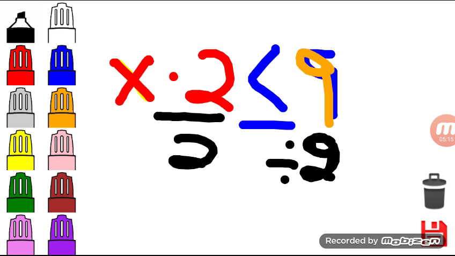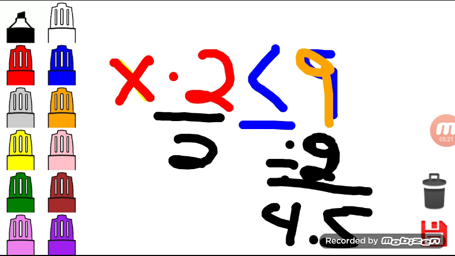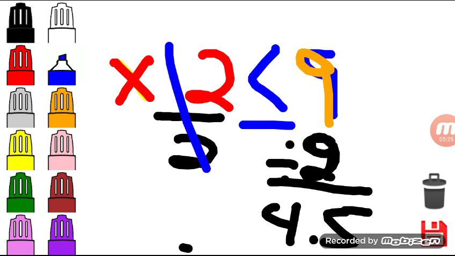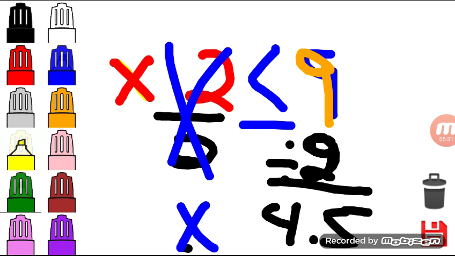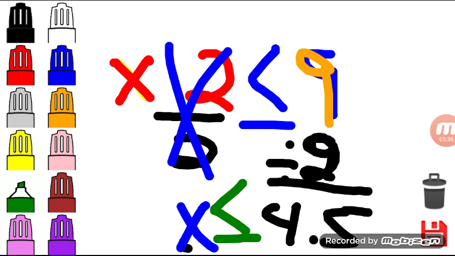Okay, so 9 divided by 2 would give us 4.5. And so we'd bring down what we don't have because these two cancel out. So we'll bring down our x. And then we do less than or equal to, because the sign always stays the same. So x is less than or equal to 4.5. So that is our equation right there.